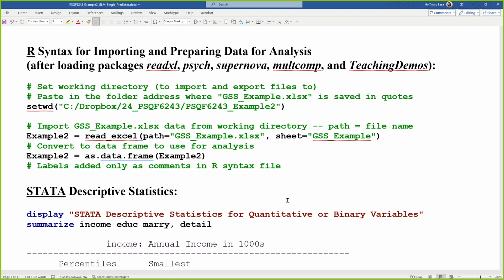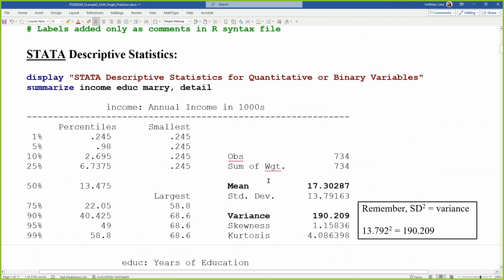Summarize is asking for descriptive statistics to be printed, so mean, variance, minimum, maximum, and that kind of stuff. These are not phrased in terms of being designated as predictors or outcomes, they're just straight variables. So you don't have to worry about the order of that. They'll just be the order in which they show up on your output.